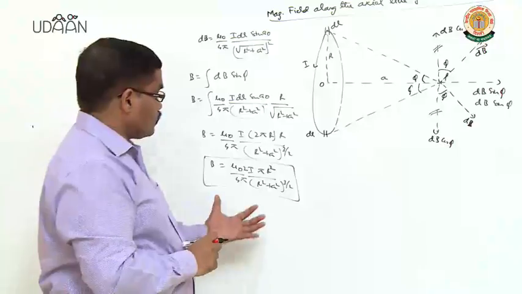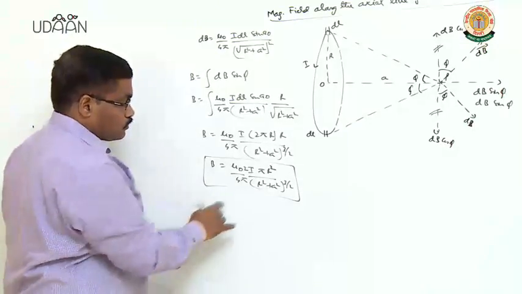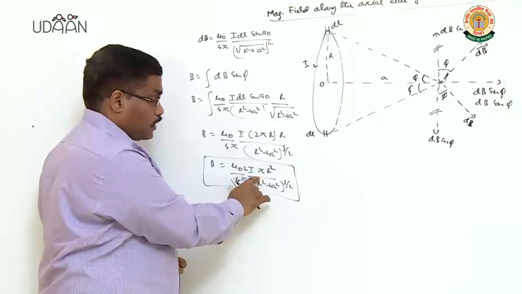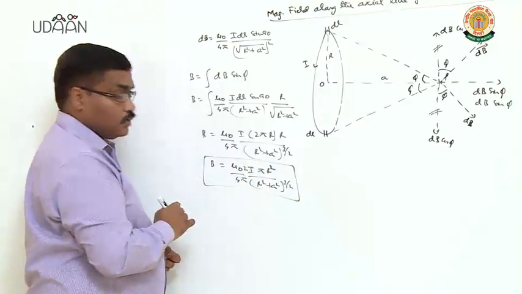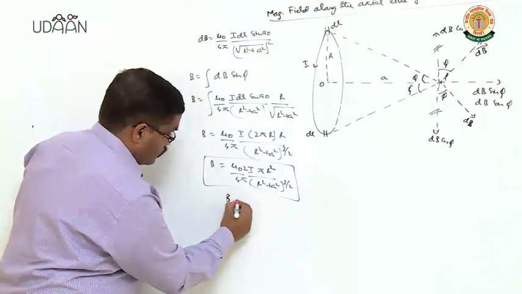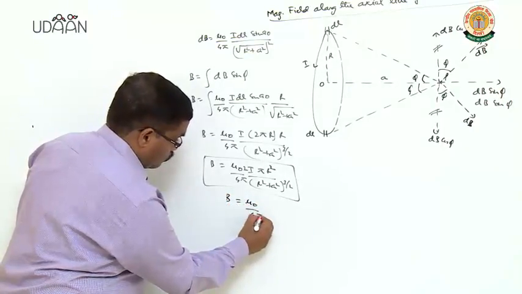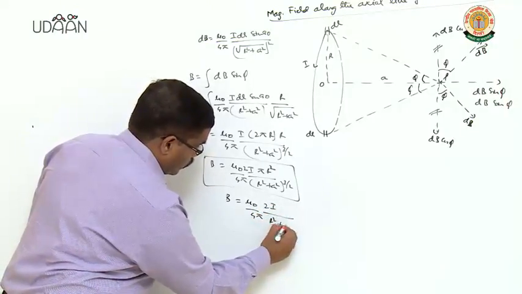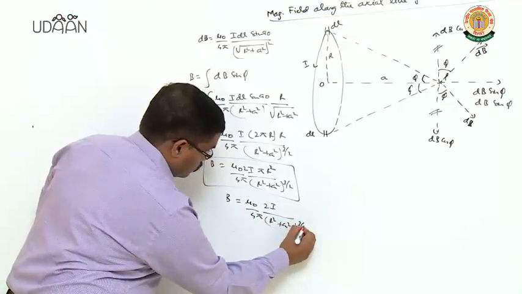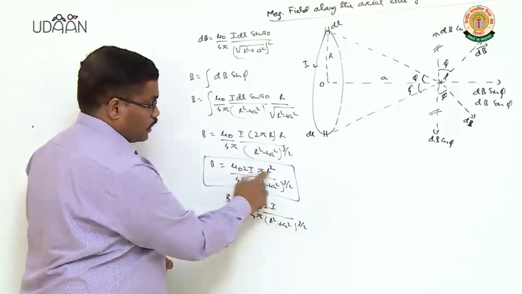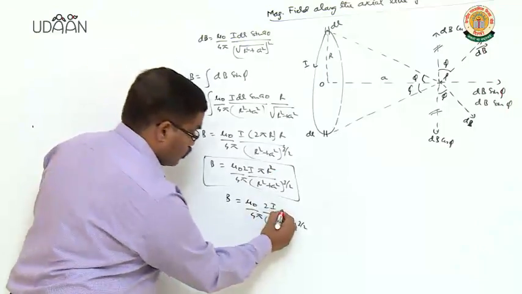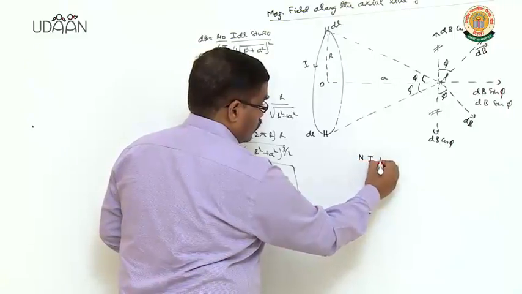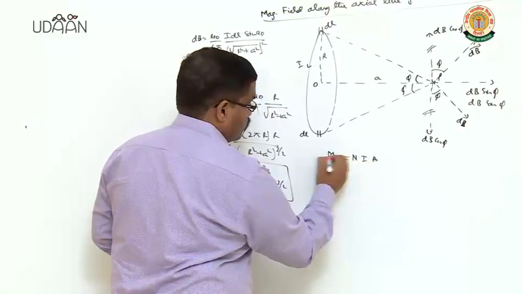Now we can rewrite this. If you look carefully, on the numerator side I have I into pi r square. Now pi r square is the area. So this can be rewritten as B is equal to mu naught upon 4 pi, twice I A divided by r square plus a square raised to power 3 by 2. Now remember, the number of turns into current into area gives you the magnetic moment.